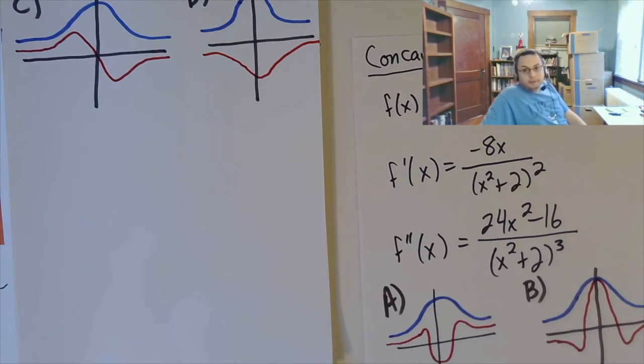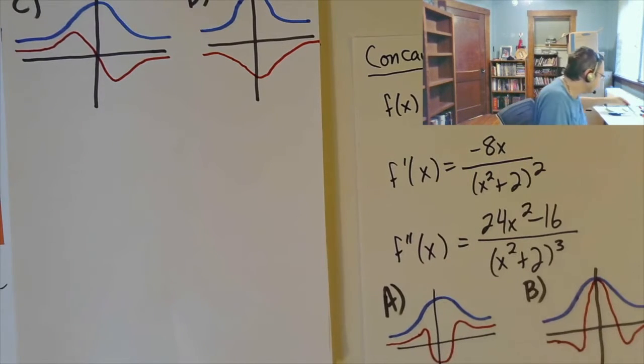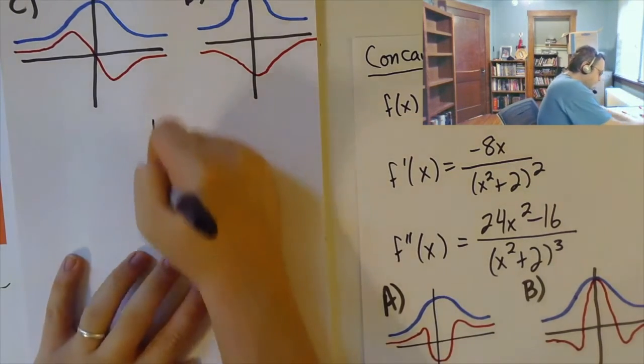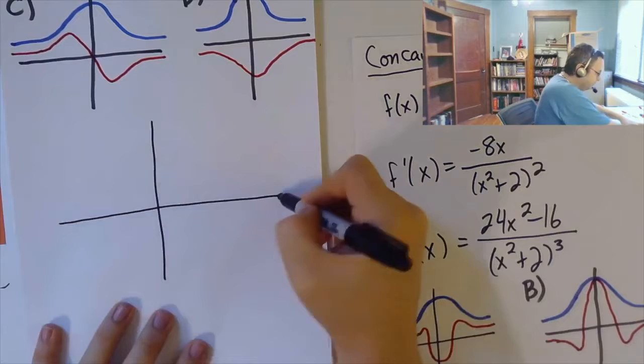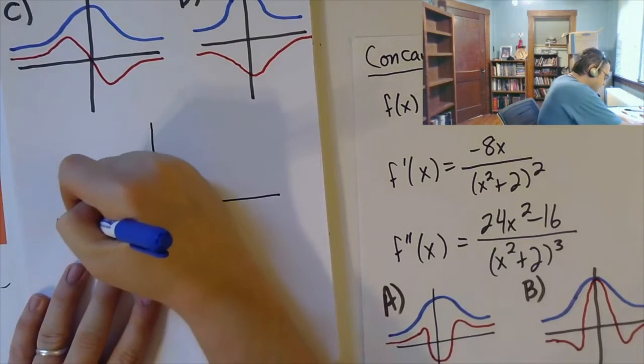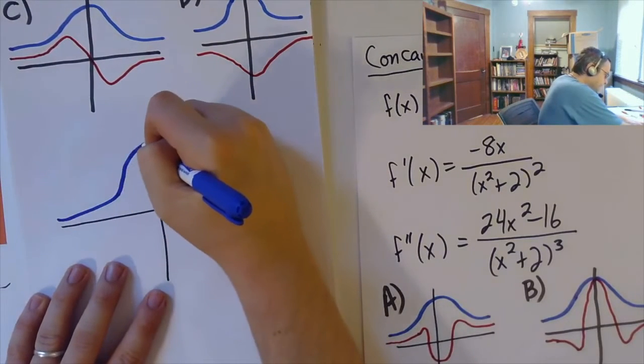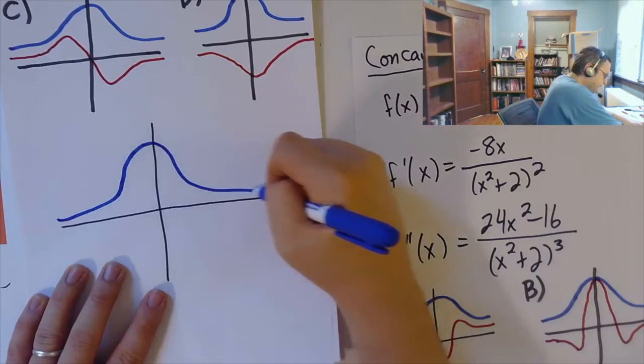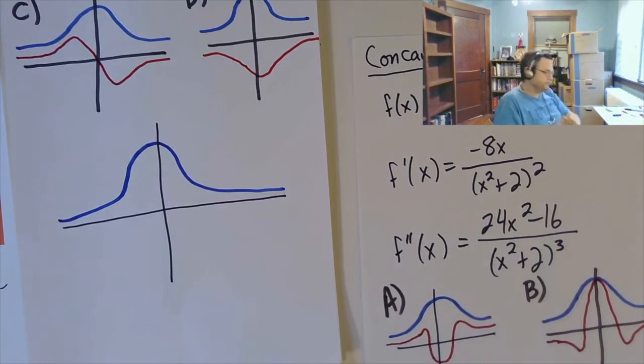Okay, so before we look at which of these options looks right, let's just look at the graph of f itself. So the graph of f itself, again, looks something like this. Again, very roughly.